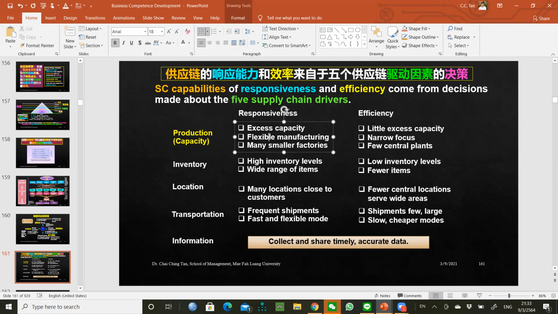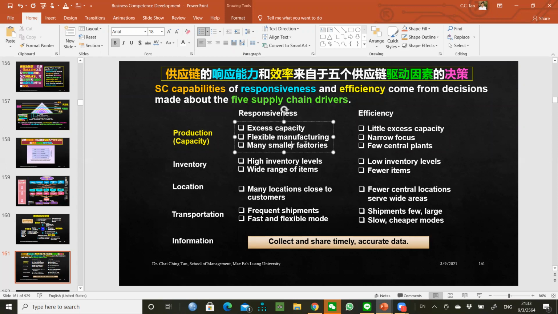Really, you can design your operations with some trade-off. For example, some excess capacity is there so that you can quickly respond to the customers. So there is certain cost disadvantage over there, but you can gain from revenues, right? Flexible manufacturing, which we have already talked about, and many smaller factories so that everyone can be quickly closer to the customers and things like that.